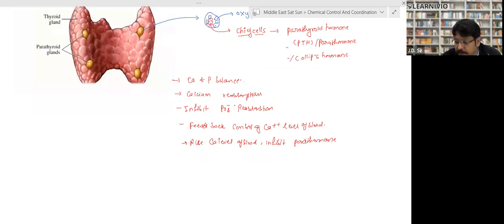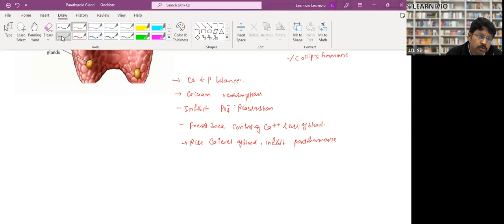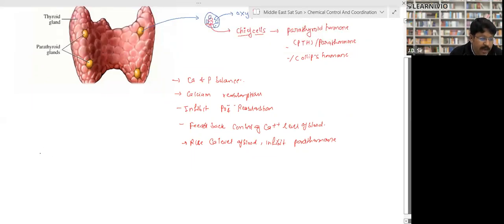The next thing is the disorders of parathyroid. What are the disorders of parathyroid hormone? Please note down some of the disorders which are very important. First and foremost disorder is hypoparathyroidism. So put the heading Disorder. The first disorder is hypoparathyroidism.